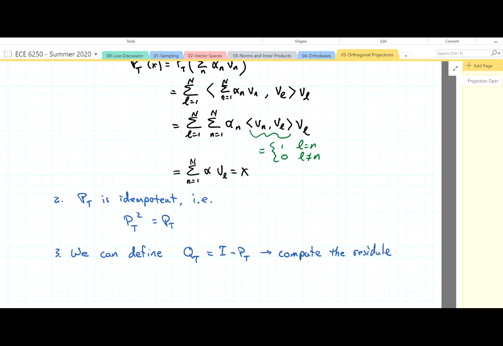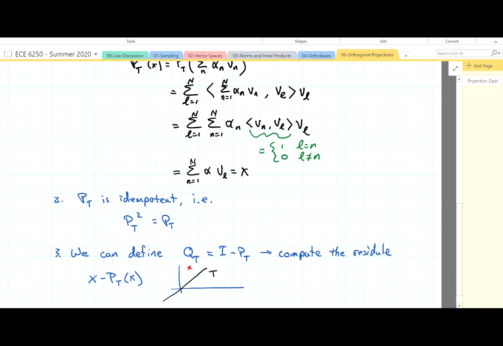And so essentially we know that x minus PT of x is something we've been talking about now for days. We can represent that using our standard example.